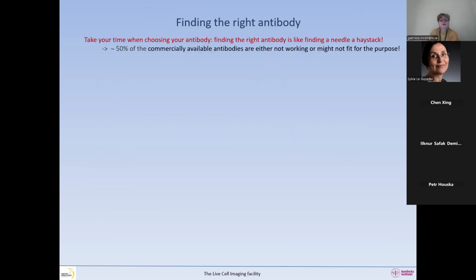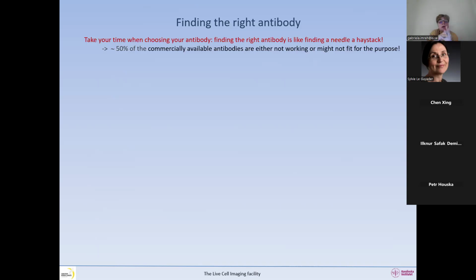But where will you find such an antibody which will fulfill all these requirements? First of all, it's important to remember that it takes time. You should take your time when choosing an antibody, because sometimes finding the right antibody is like finding a needle in a haystack.